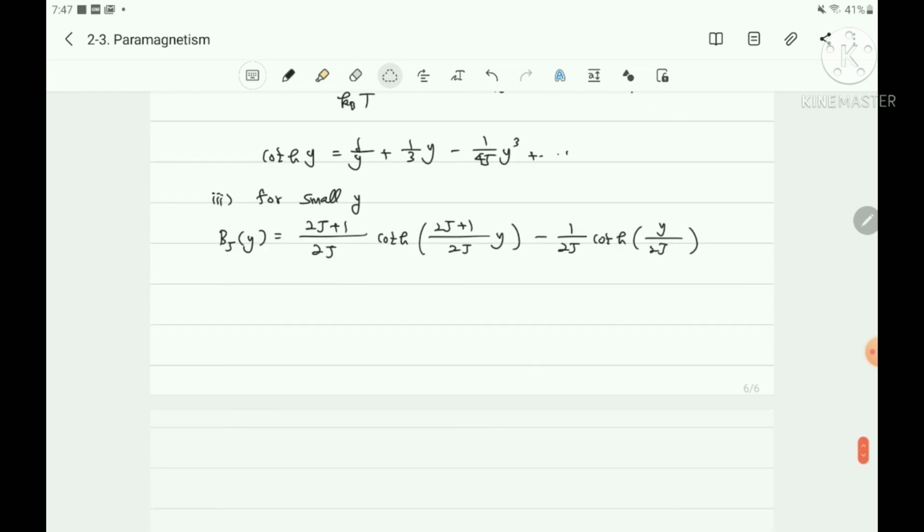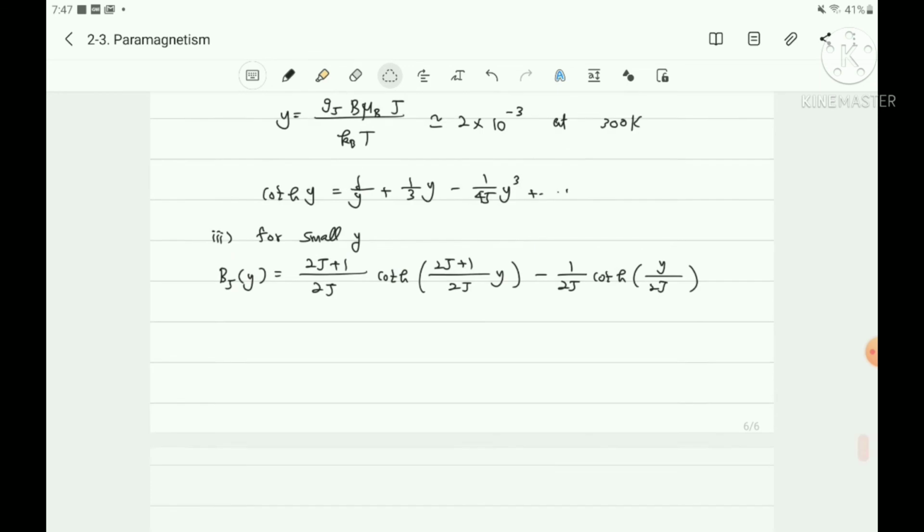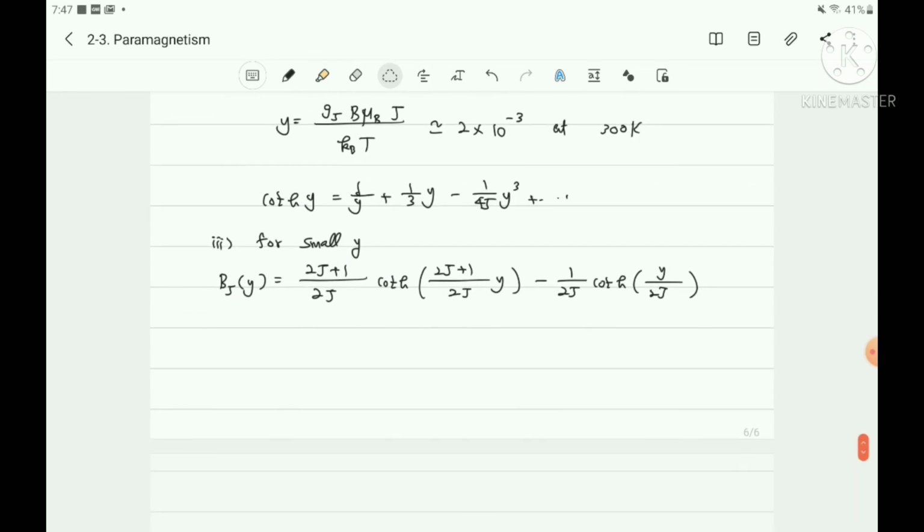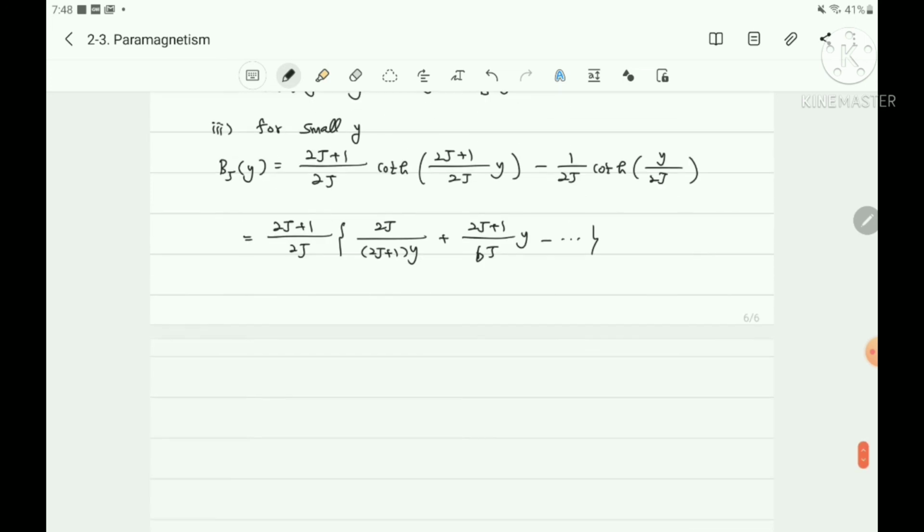Here is the Brillouin function, and so J equal to, then let's expand this term: (2J plus 1) over 2J, and coth y can be expanded, minus 1 over 2J coth (y over 2J), expanded as 1 over y plus y over 6J.